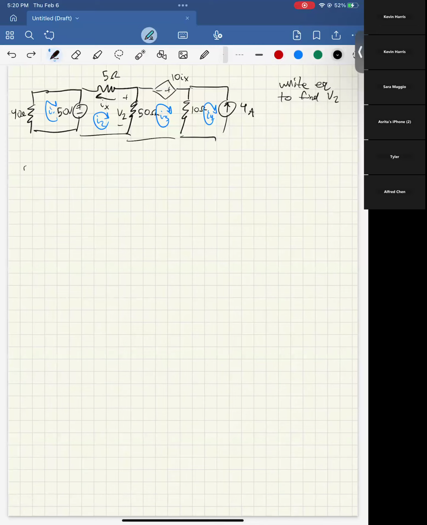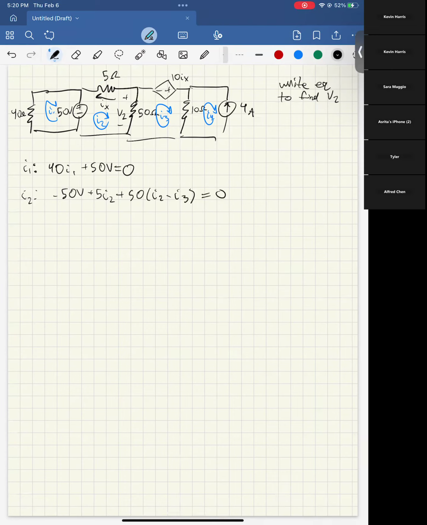Okay, so for I1 it's just 40 I1 plus 50 volts equals 0. I2, going fast on this. Okay, we got minus 50 volts plus 5 times I2. I didn't need to put parentheses there because it's just affected by that one. Plus 50 times I2 minus I3 equals 0.